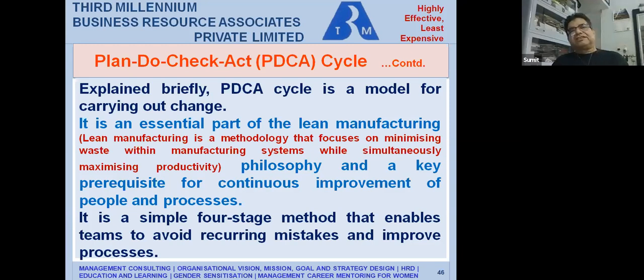So it's exactly like you earn more and you spend less. So obviously your savings will be much, much more. And as it is very clearly understood, every rupee saved is added to the profit of the organization.